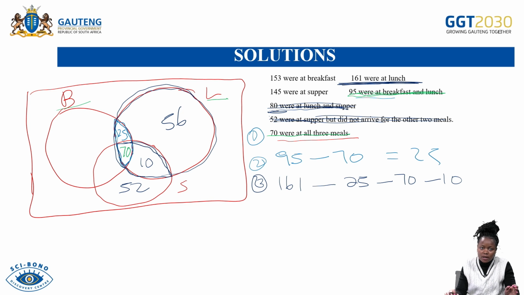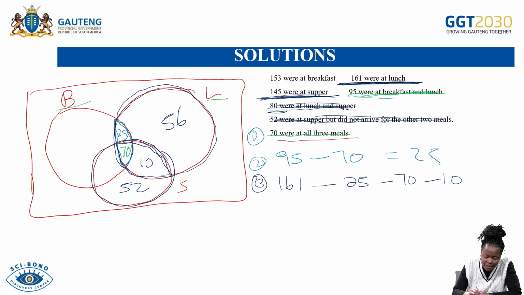Are we together? So now we need to find the ones that had supper. Everyone who had supper. So now we are looking at supper. Ne? So you go to supper. They're saying there should be 145 that were at supper. So it means if I add everything here, I need to get 145.